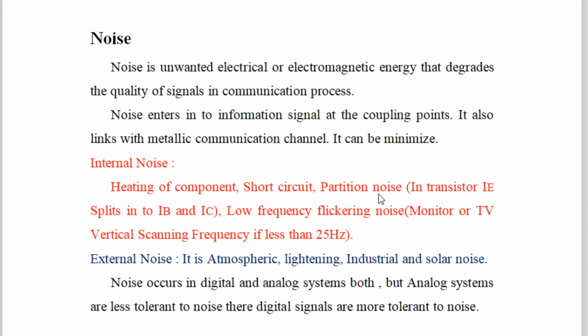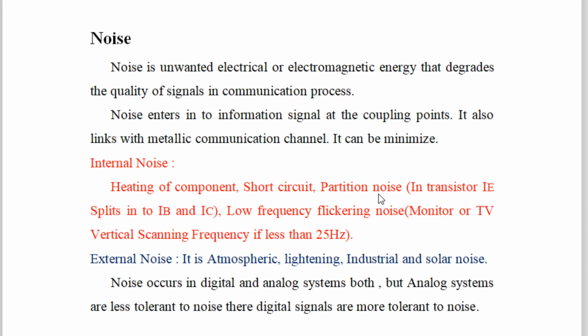But remember, IC plus IB equals IE is written by considering the conventional direction of flow of current. Actually, current flows from emitter to base and then emitter to collector. So whenever an electron jumps from the emitter and enters the base, it gets divided into two parts.